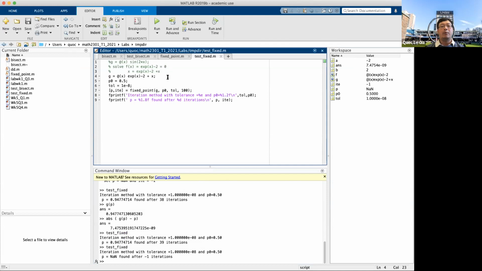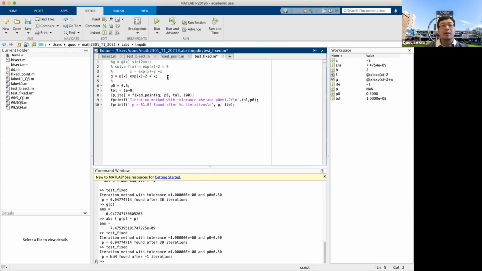Okay, so now can we try another one? We see now you have e to the x equal 2, right? What that means is x equals logarithm of 2. But then there is no fixed point, there is just logarithm of 2.